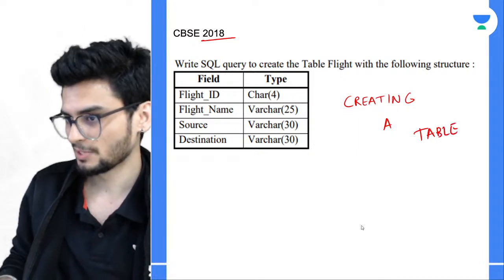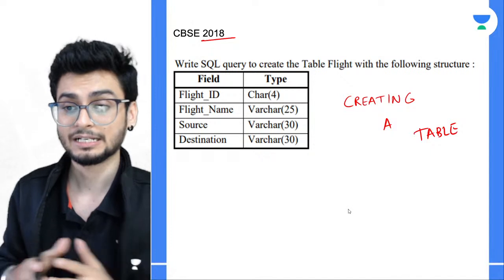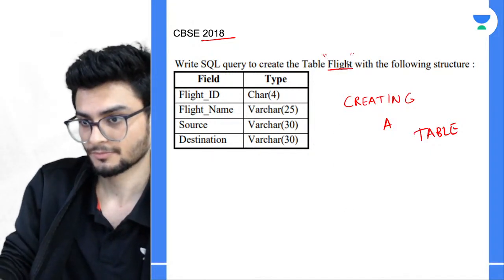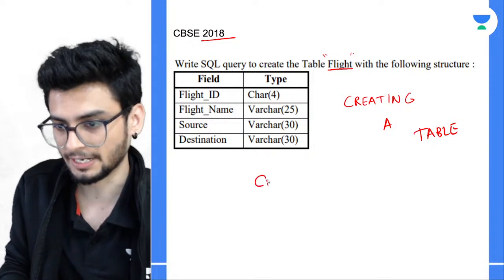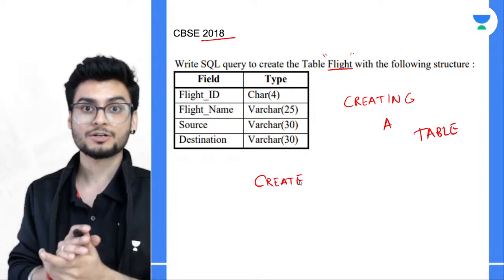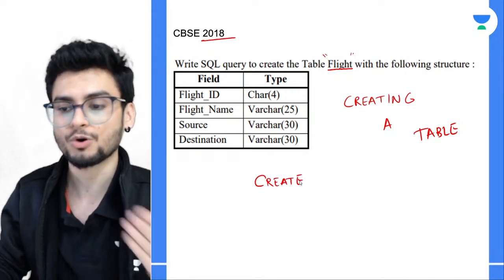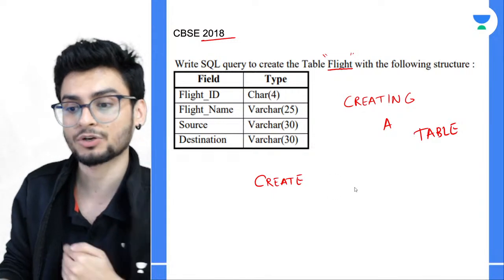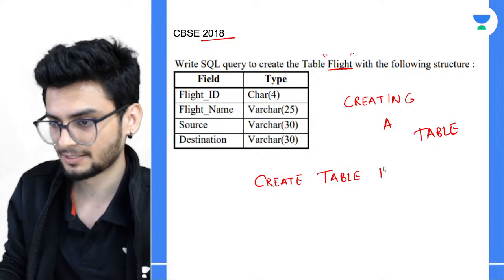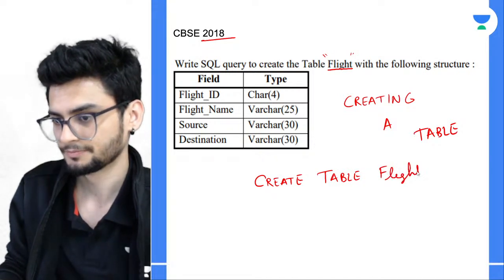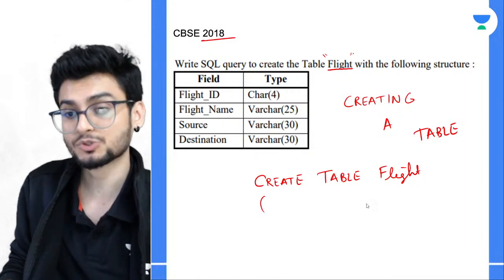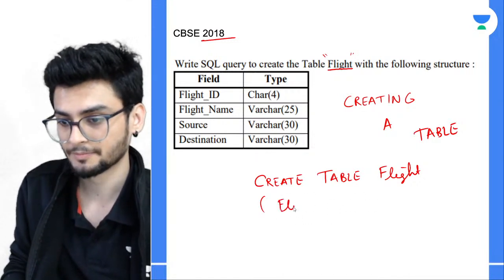So can anyone tell me what the code should be in order to create a table? The table name is flight. Okay, so what do we write? We write create. SQL needs commands in order to understand what you want to do. That's why we use the create command in order to create a table. After the table keyword, we can write the table name flight. After that, we write all the field names and also write their data types. So flight ID.